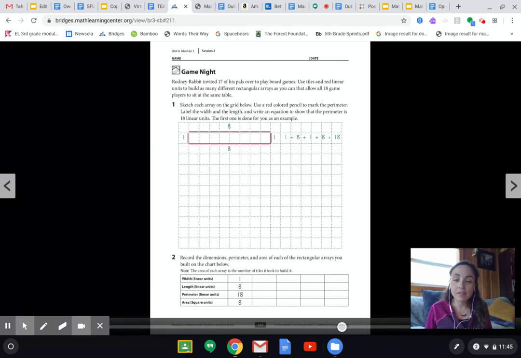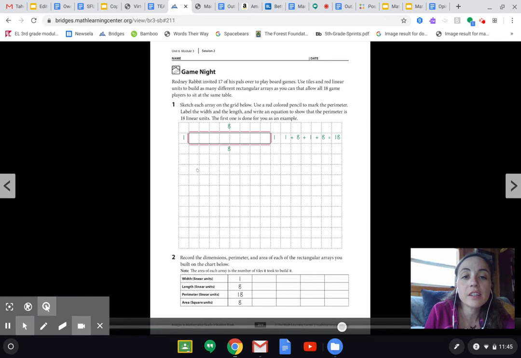Now, obviously, if you don't have a red colored pencil, you could have used another color of your choice. Maybe you even just used a pen. That's totally fine.